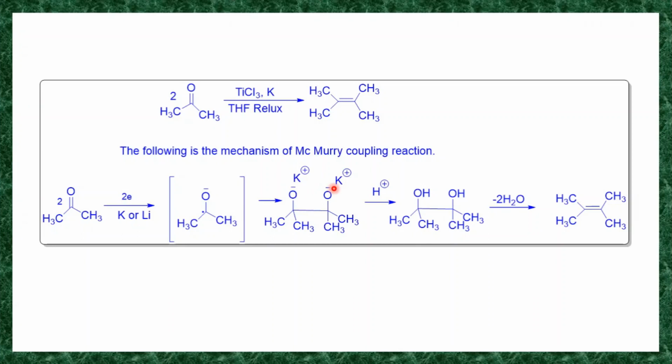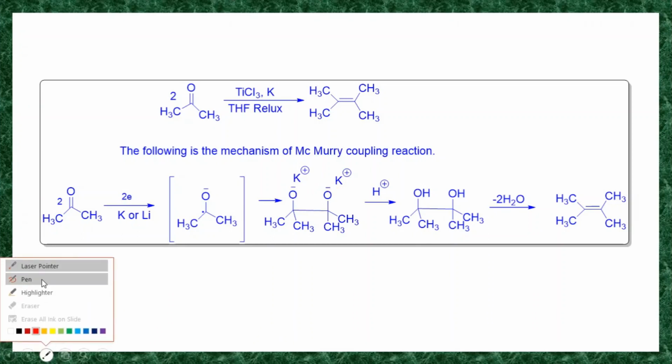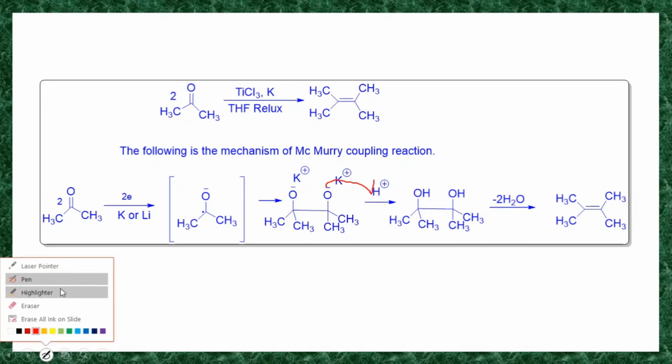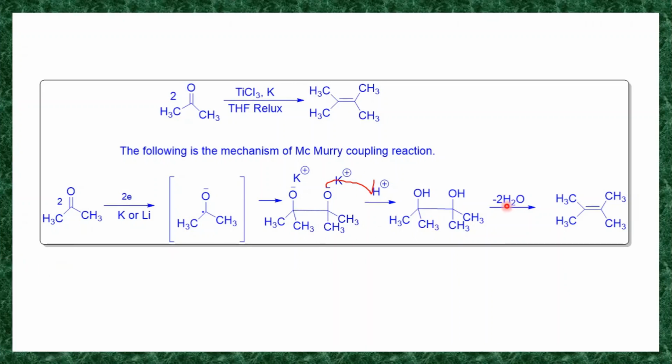The oxygen anion O minus takes this hydrogen and converts to OH. In the same way, the other oxygen anion takes a proton and converts to OH. So we get this 1,2 diol, with OH groups on carbon 1 and carbon 2. Two OH groups is what is called a 1,2 diol.